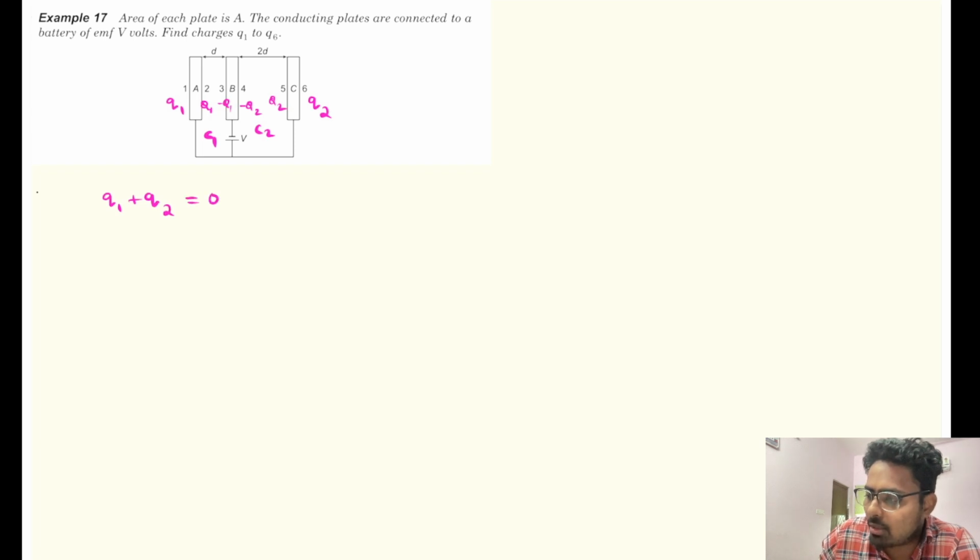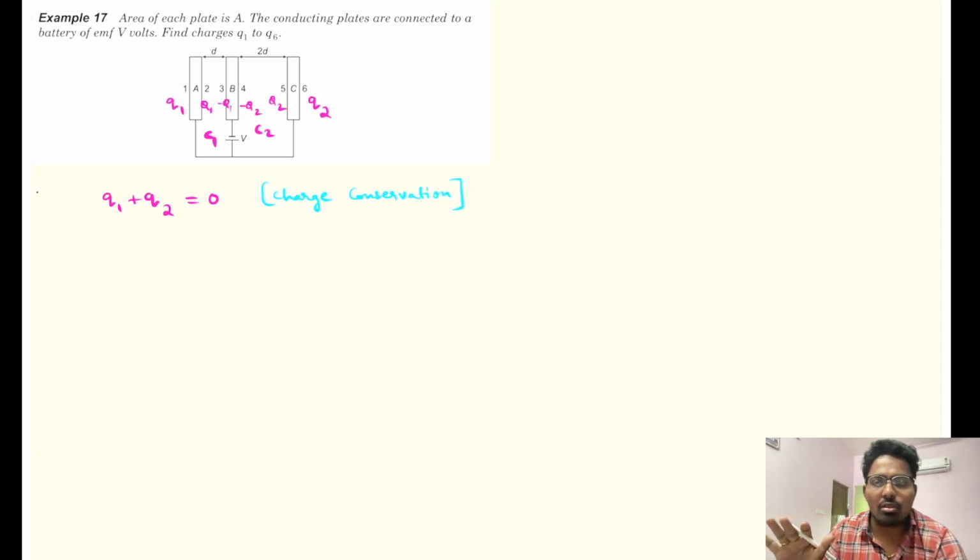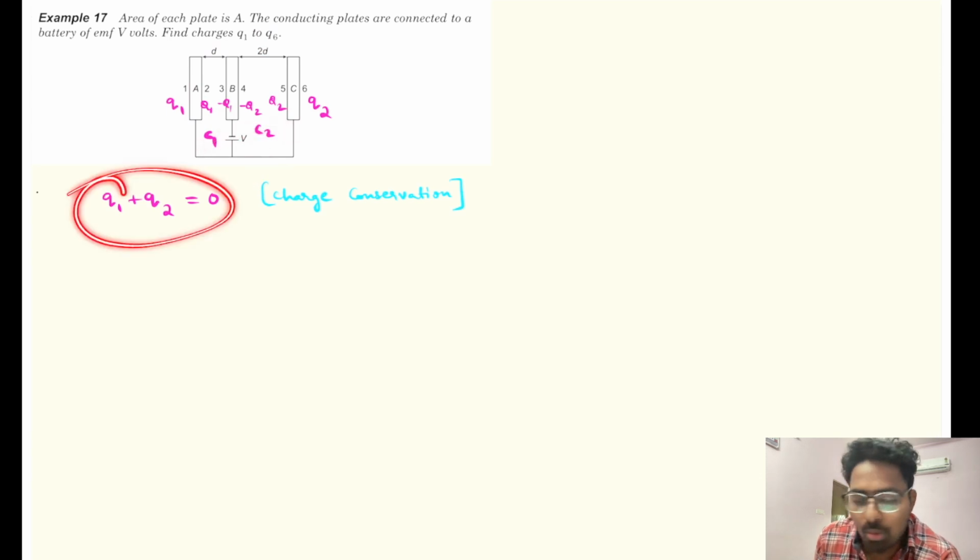Sir, how did we get this? From charge conservation. Initially there is no charge given, so finally also the total charge on the system must be 0. The charge can redistribute, but cannot be created nor destroyed, so it can be just redistributed between these plates based on how the connections are done. So Q1 plus Q2 must be 0.